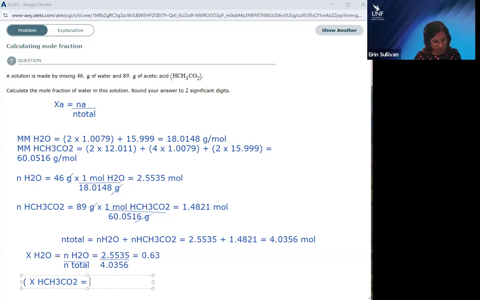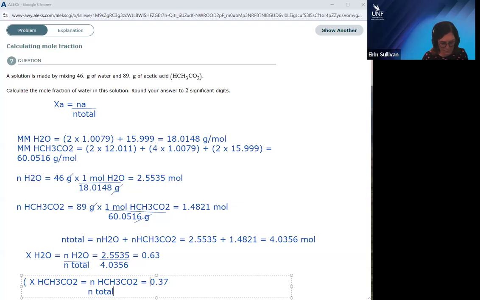Just for completeness, you could also work out the mole fraction of the acetic acid, for extra practice. Then you would take the number of moles of your acetic acid. Now I've got my shift key stuck. Oh dear. That'd be again over the total number of moles. If your math brain is telling you it's got to be 0.37, you're correct, because it's whatever is left out of 100%.